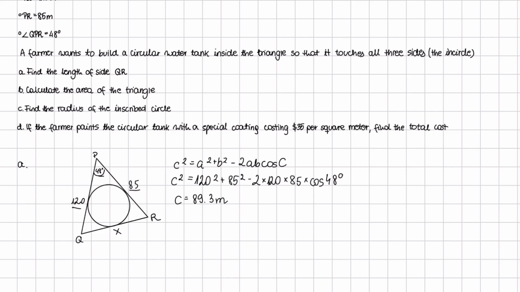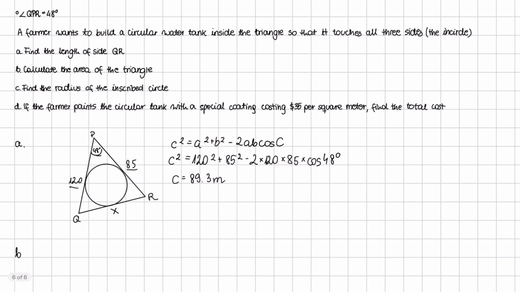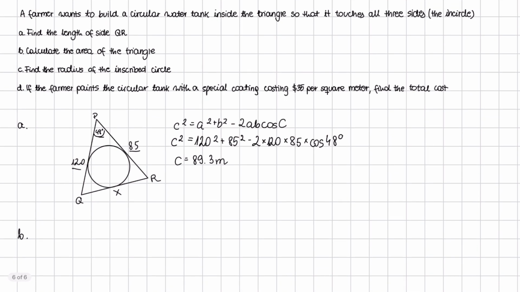B. Calculate the area of the triangle. So here we also use the formula from the booklet, the formula for the area of a triangle. So area equals 1/2 times a times b times sine of the angle between them.